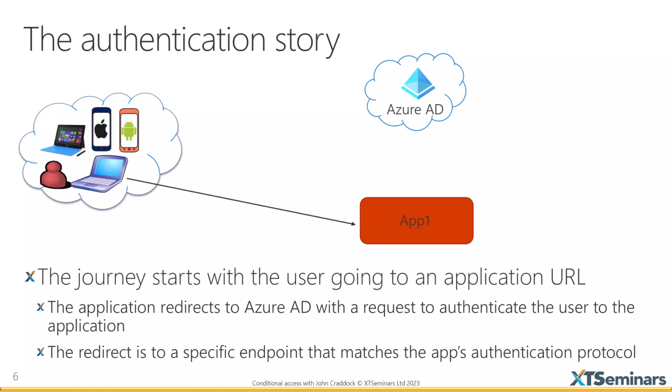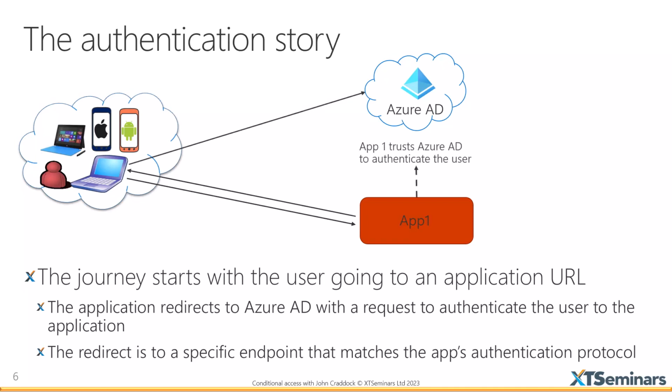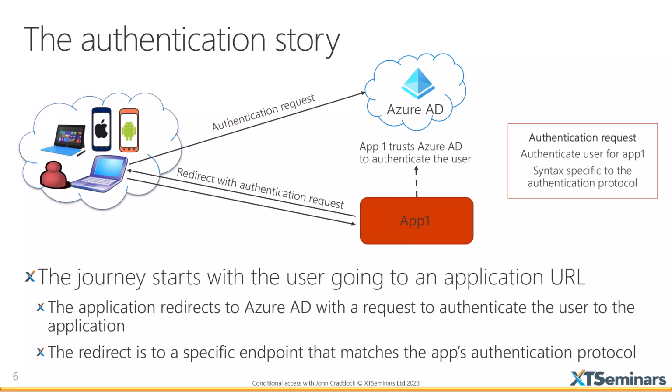But assuming they haven't been authenticated, the app is going to redirect up to the security token service that it trusts, in this particular case, Azure AD. And we have a fairly complex string that we send to Azure AD, which is really saying, please authenticate the user to this application. And all of that information is held in the authentication request. Let's have a look at that in a demo.